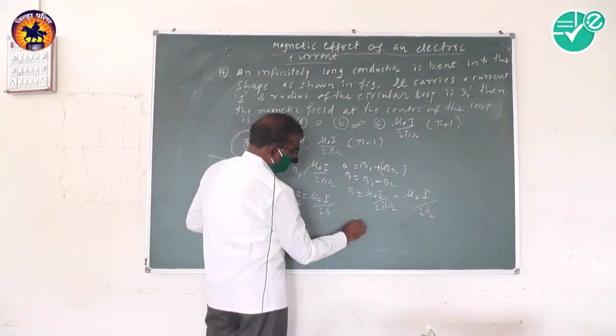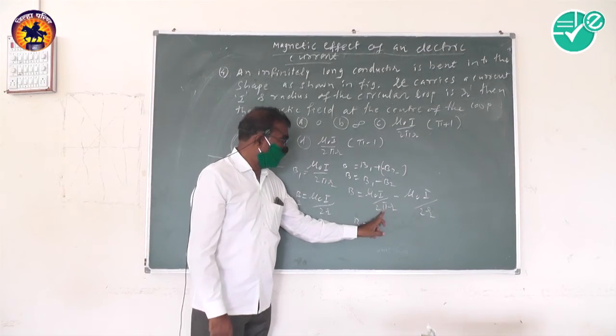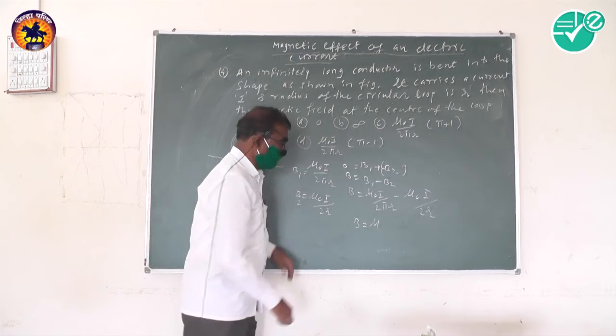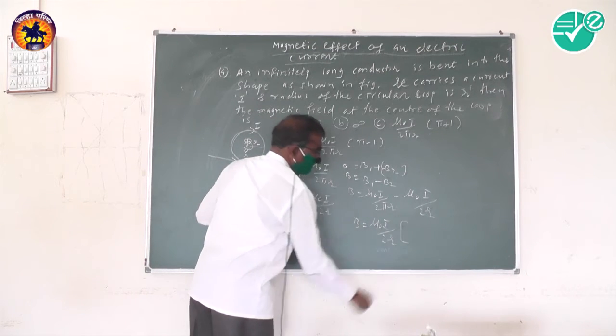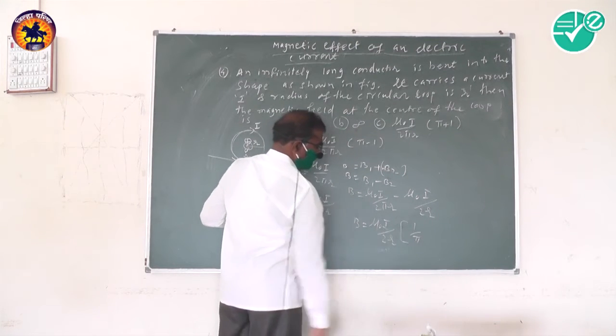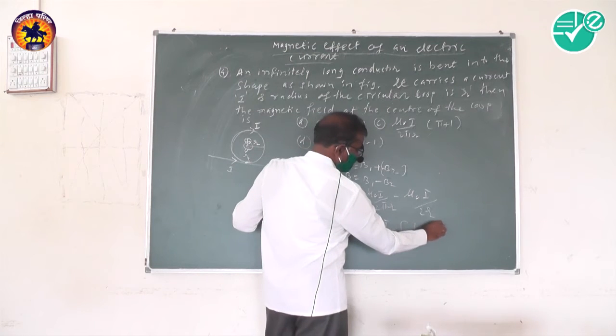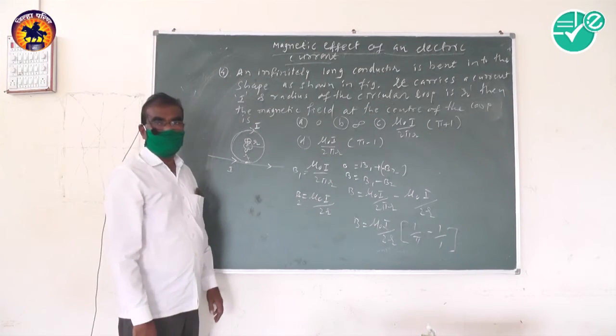That is B is equal to, taking the common factor mu 0 I upon 2r from both, mu 0 I upon 2r in bracket 1 upon pi minus 1 upon 1.